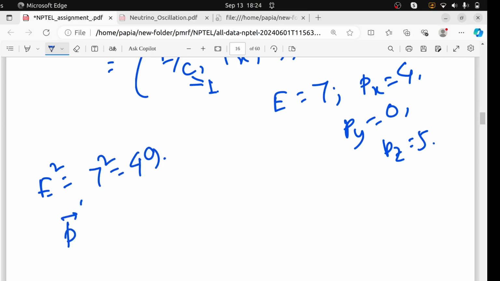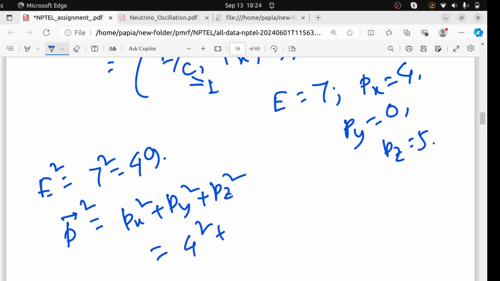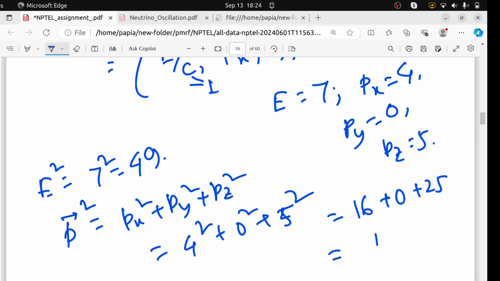Now the p vector squared, that means px squared plus py squared plus pz squared. So 4 squared plus 0 squared plus 5 squared is 16 plus 0 plus 25, which is 41.